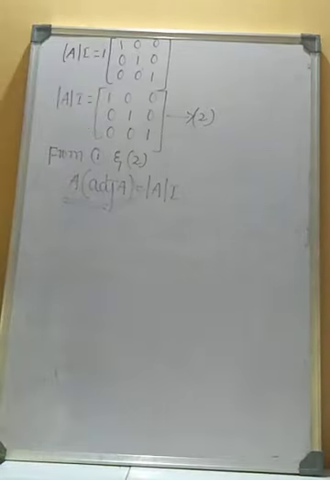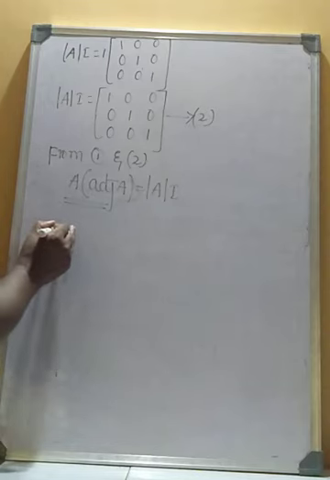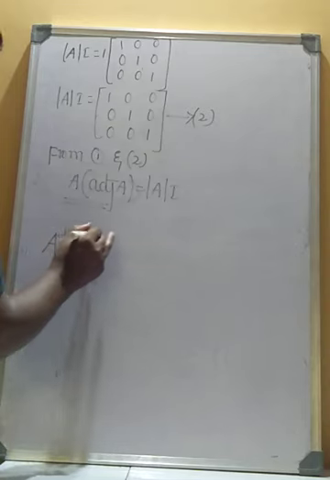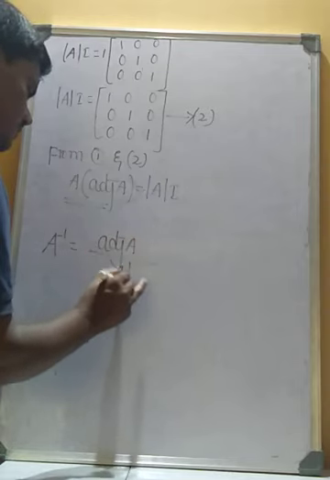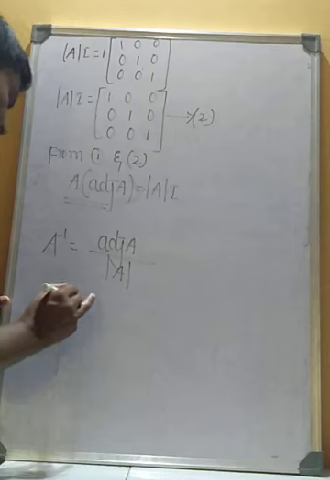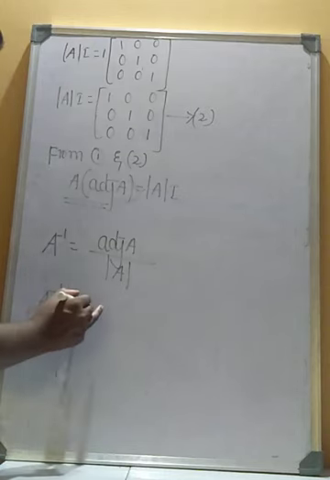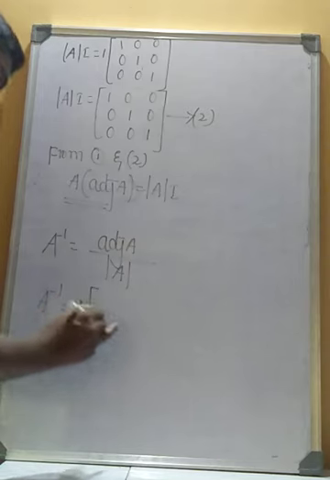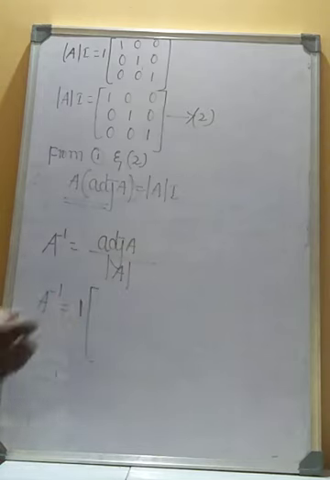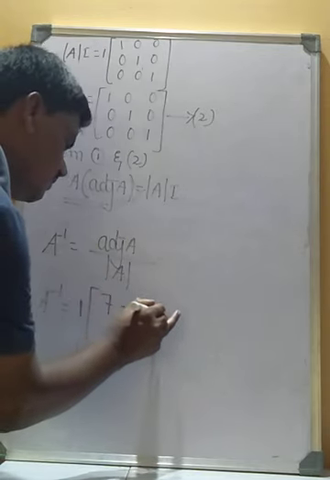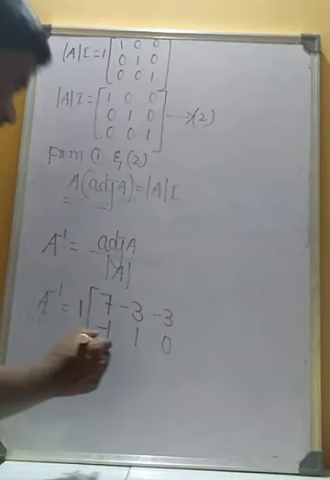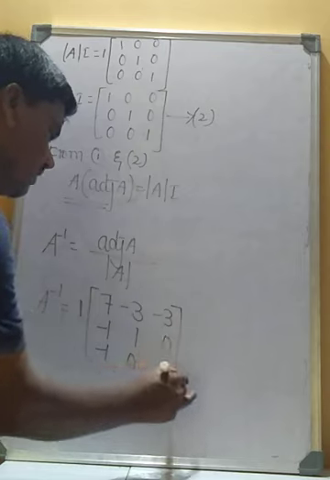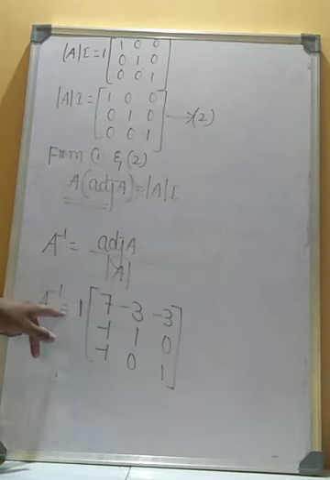So A inverse formula is adjoint A by determinant of A. Adjoint A divided by determinant of A. Therefore, determinant of A value is 1 into adjoint A. Adjoint A is 7, minus 3, minus 3, minus 1, plus 1, 0, 0, minus 1, 0, plus 1. So A inverse.